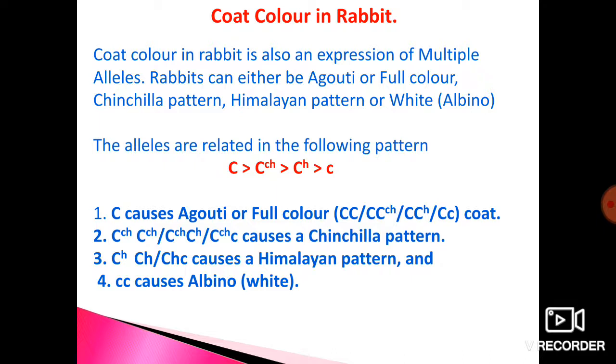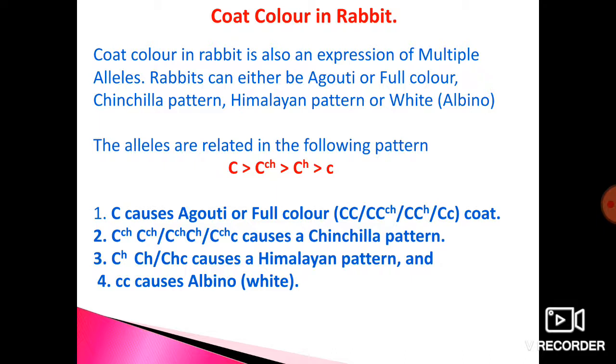Isn't it interesting? So the strand of hair is one part yellow, one part black, and one part white. That creates a brownish color which is known as the agouti or the full color.